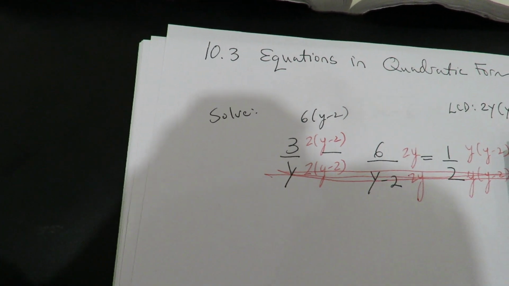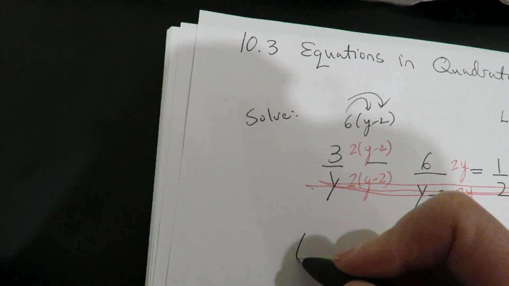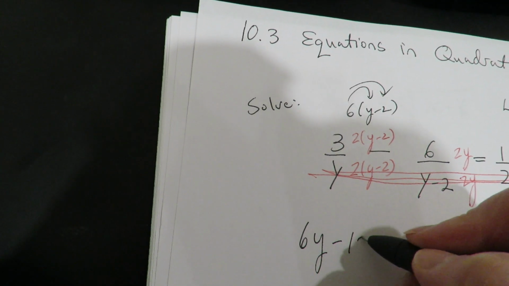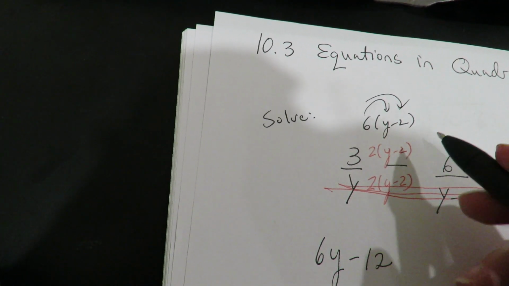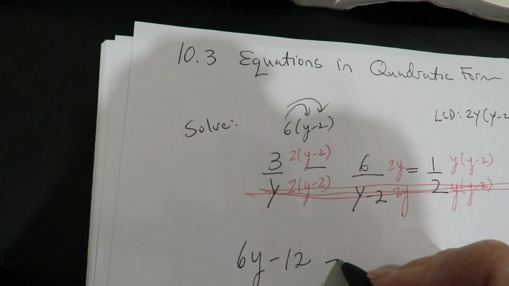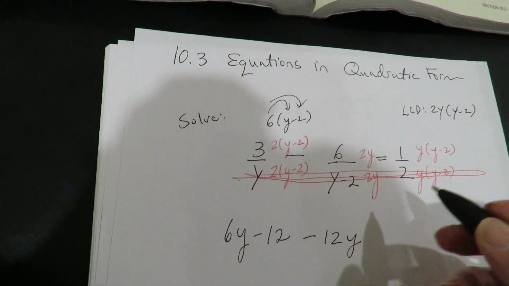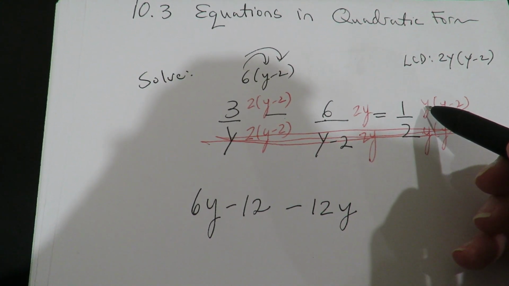Okay, so you'll do the 3 times the 2, and then you'll distribute the 6. So we'll get 6y minus 12. And now here you're going to do the negative 6 times the 2y, which is negative 12y. And over here, the 1 times the y is y.